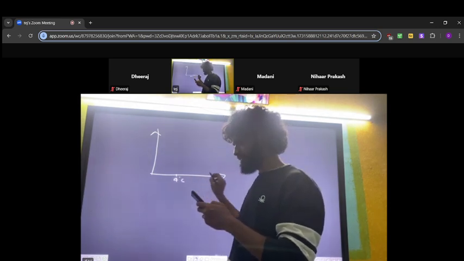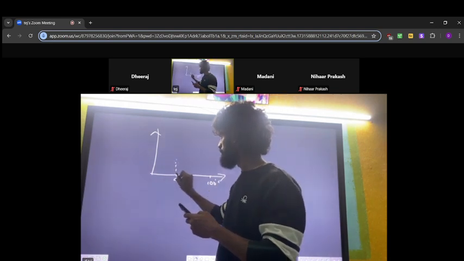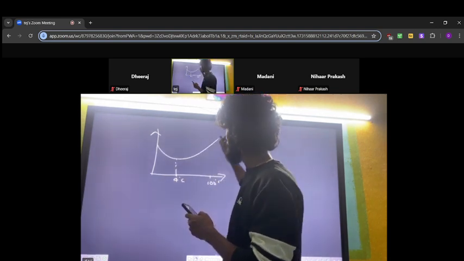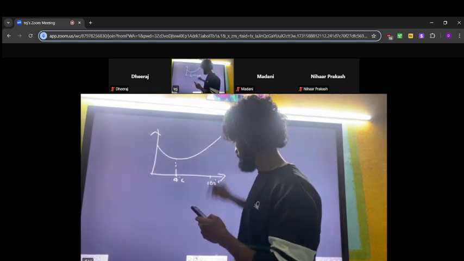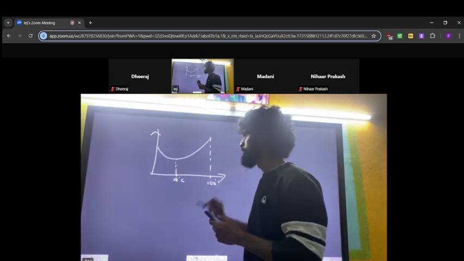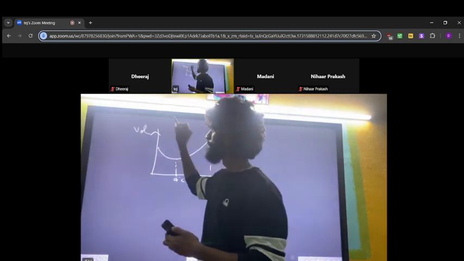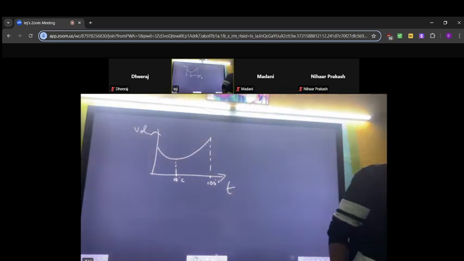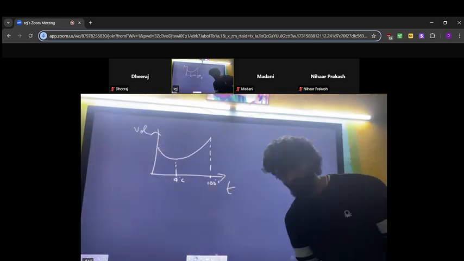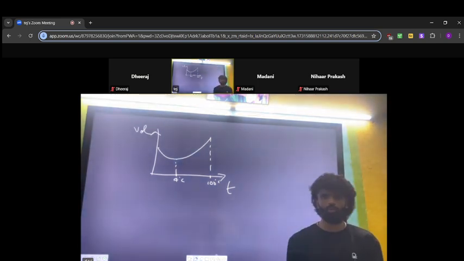Four degrees Celsius to 100 degrees Celsius. Along the x-axis is time, here it's volume. See, there are two types of things happening with respect to volume. One is the expansion, the other one is contraction.